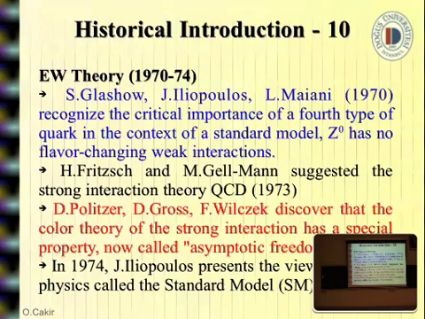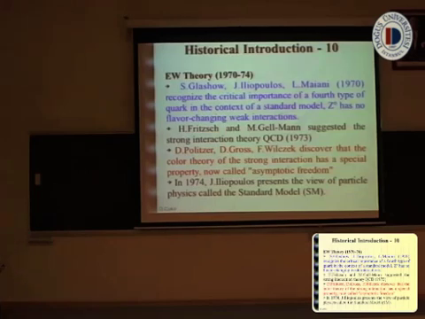Later, in the electroweak theory in the 70s, Glashow, Iliopoulos, and Maiani suggested four types of quark in the context of the standard model, and the Z boson has no flavor-changing weak interactions.